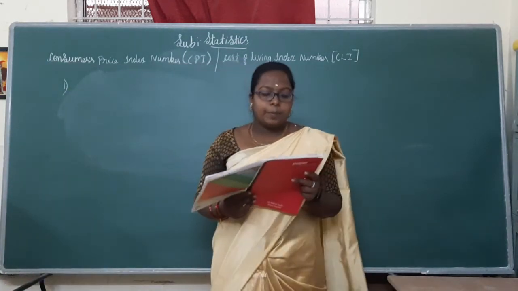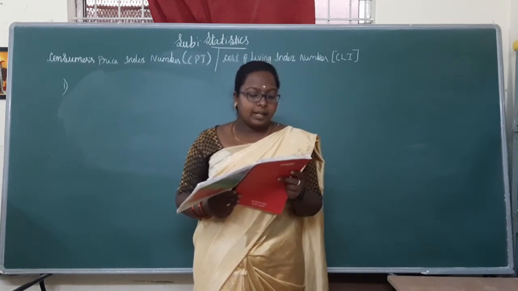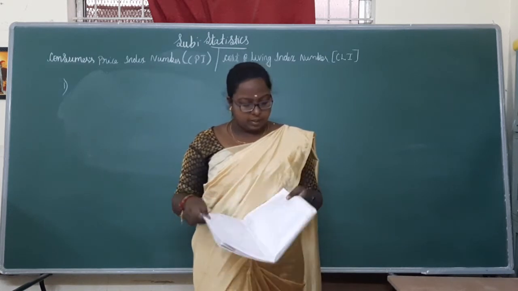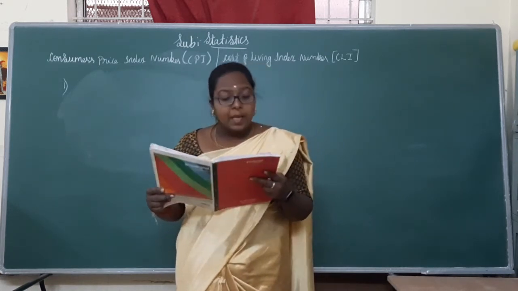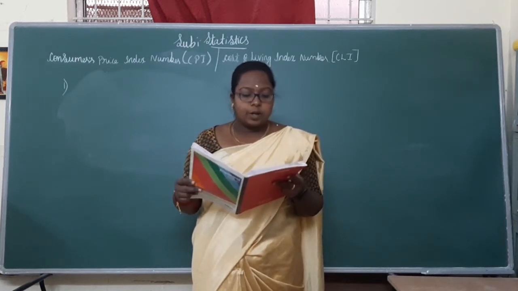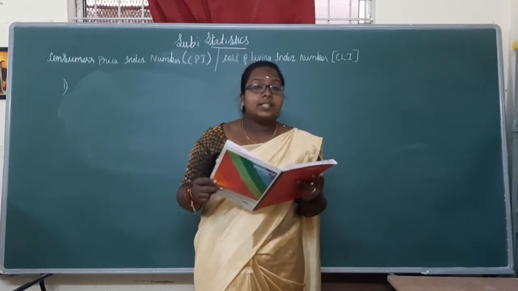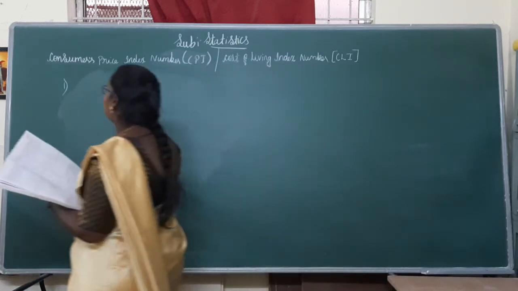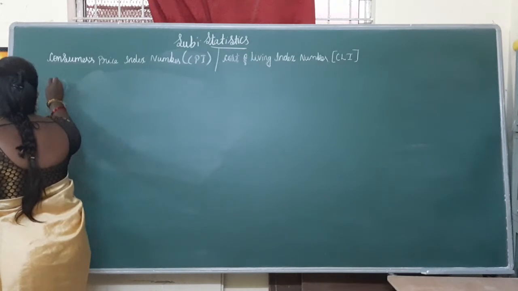Calculate consumer price index number by aggregate expenditure method. So aggregate expenditure method is what? We will be using this formula. Here commodities A, B, C, D, E, F are given, so 6 commodities. Number of units in 2000 is my Q, that is my quantity.